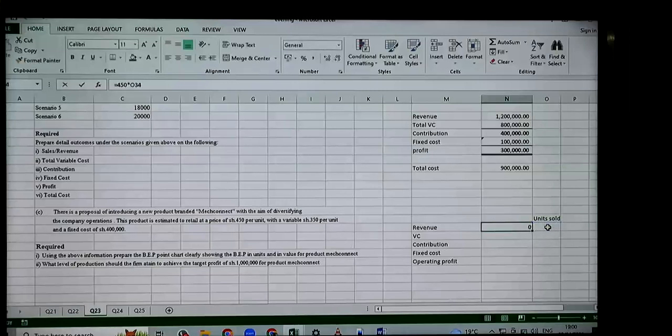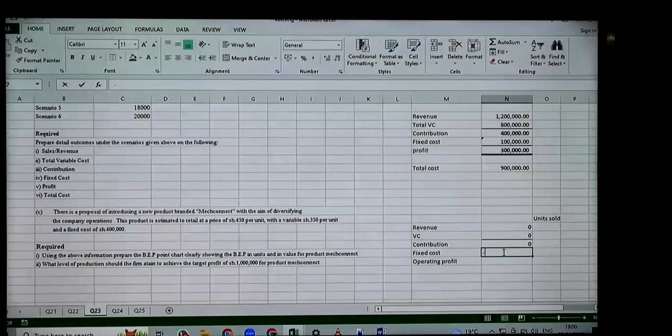It will give you 0, no problem. Then our variable cost will be the 350, this one here, multiplied by a negative of our units sold. Control enter. Then our contribution will be the summation of the two. Control enter, control bold, Alt HBP for our top border.